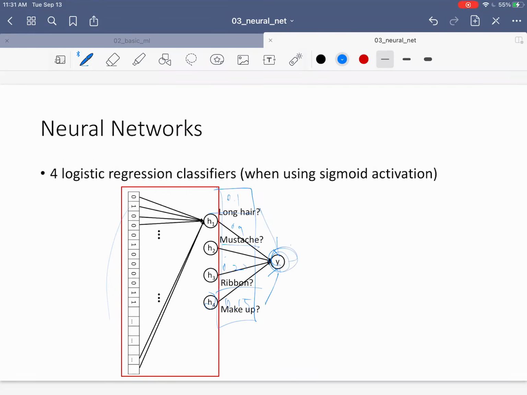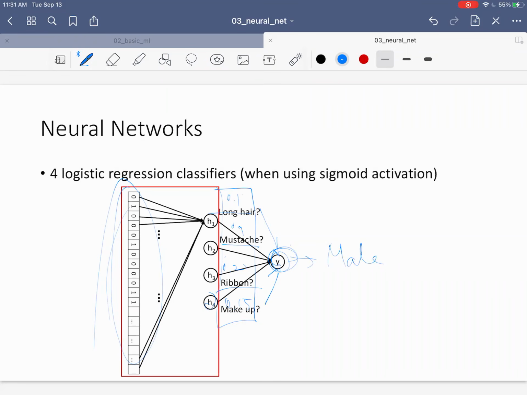So the final logistic regression, which is a man or woman classifier, will be using a 4-dimensional input to finally decide whether the given image is a man or not. And given this combination, the likelihood is that this is a male.